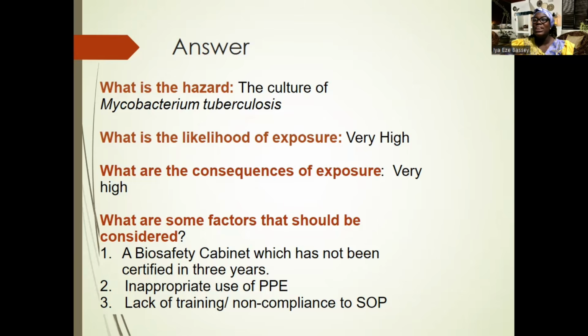You should be using something like a respirator. And then there's also a lack of training and non-compliance to SOP, because if the person were well trained, he will not be using this kind of personal protective equipment that he has. He would have checked that cabinet to see whether that cabinet has been certified recently.